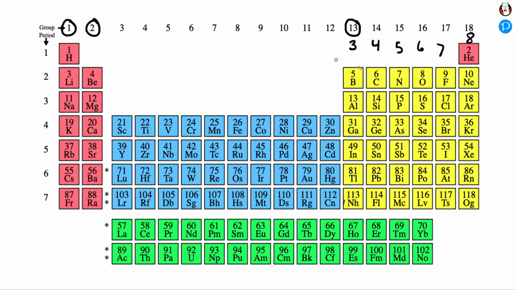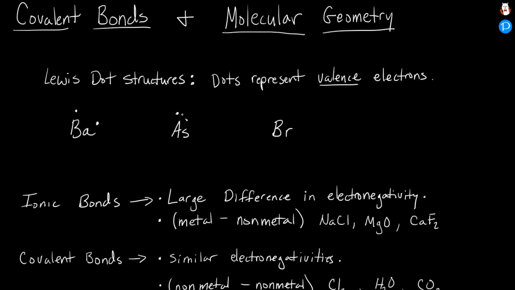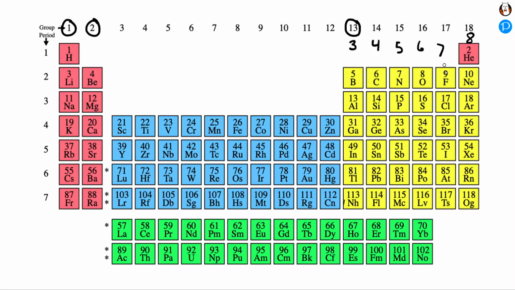As, which is arsenic, come over here. It is in group 15, means it's got five valence electrons. So 1, 2, 3, 4, 5 valence electrons. Bromine is in group 17, therefore it has 7.